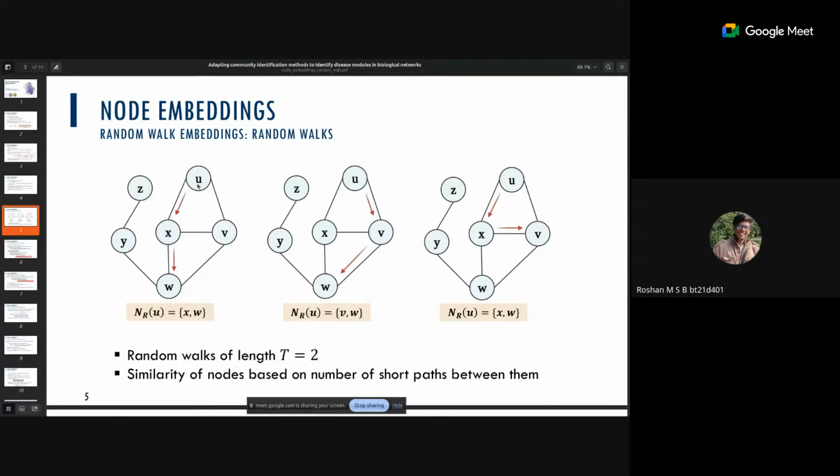So you have to specify these two things beforehand. So these are different possible random walks of length 2. So I go from u to x, x to w. Okay. I can go from u to v, v to w. I can go from u to x, x to w. Okay. And I store all these values. Okay. xw, vw, xv, and so on.